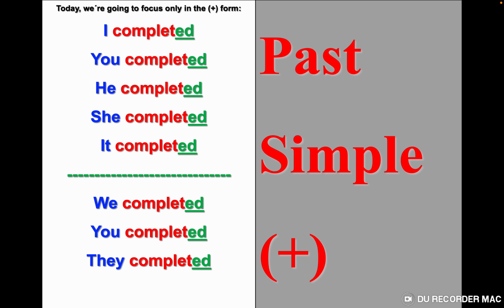Stop is the last verb of today's lesson. This verb is a regular verb, but it ends with a consonant P, and before it we have just one vowel. When we have this case, a verb that ends with a consonant and before it one vowel, we double the last consonant.